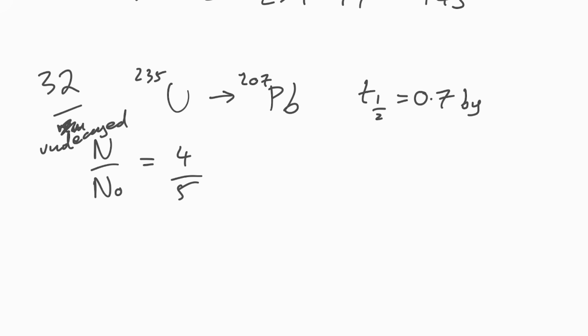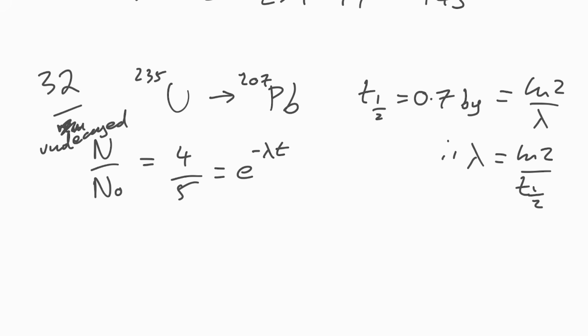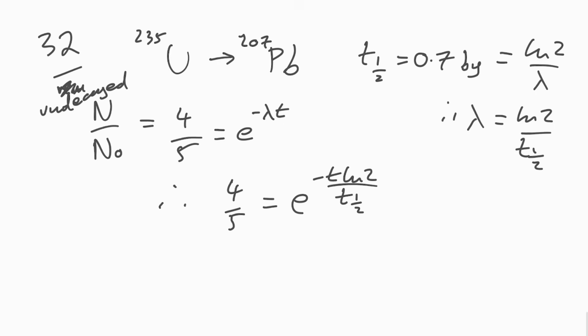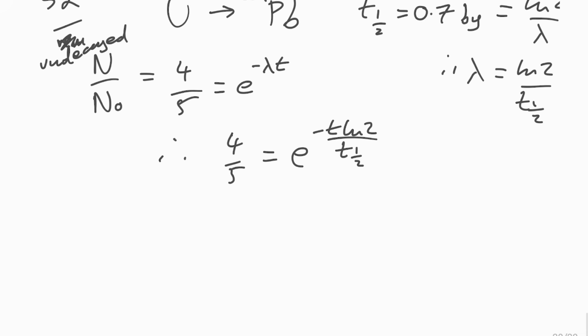So the ratio of uranium atoms now compared to begin with is 4 to 5, and that is equal to e to the minus lambda t. And of course, we know that half-life is equal to log 2 over lambda. So we can replace this. So we can just say lambda is equal to log 2 divided by the half-life. So therefore, we can say that 4/5 is equal to e to the minus t log 2 over the half-life.